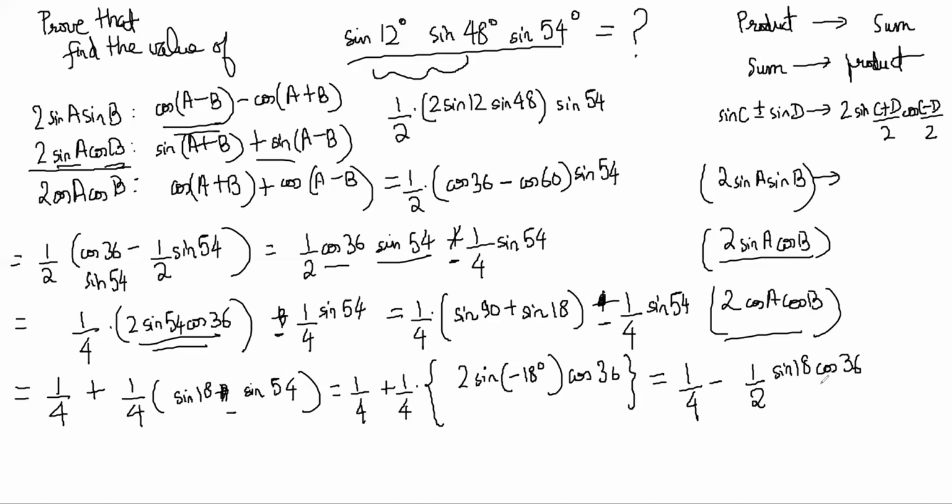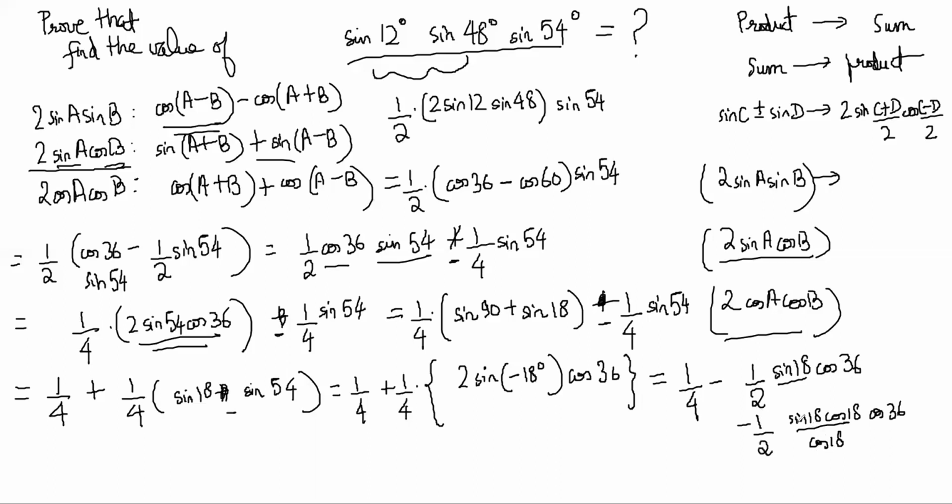So instead of sin 18, if I had cos 18 also here, and if I can make sin 36, I can see some things happening. So what I will do is multiply and divide by cos 18, because that will make sin 18 into cos 18 become a sin 36, right? You understand?